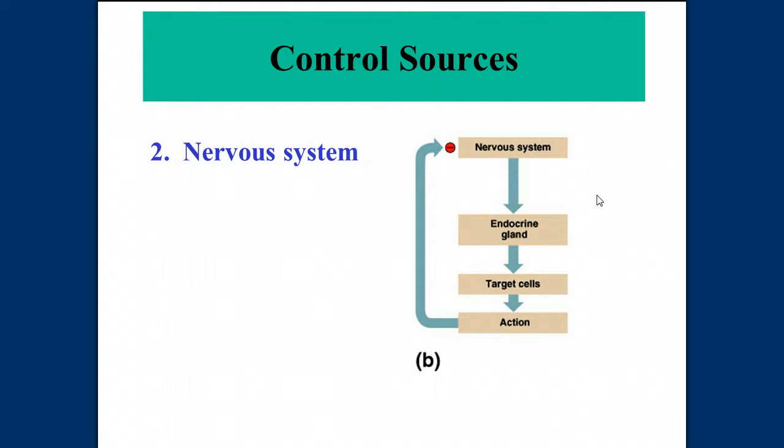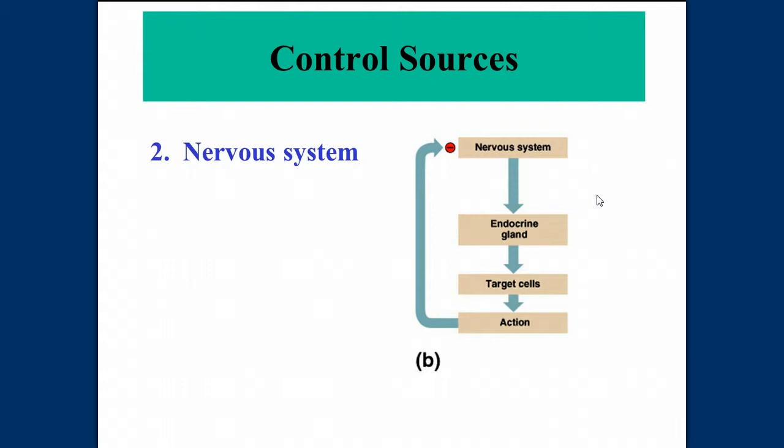It can be things like ions, like the amount of sodium in the blood or the amount of calcium in the blood, the amount of fluids, whether fluids need to be retained or fluids need to be excreted. All these receptors throughout the body, whether they're in blood vessels or in the brain, send this information to the brain, to the nervous system, and that also can regulate whether or not certain hormones are released to the target cells for the action.